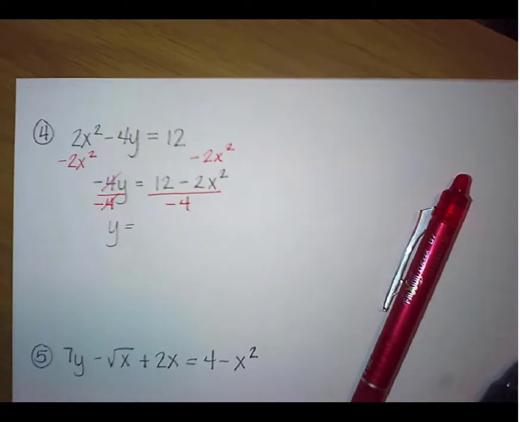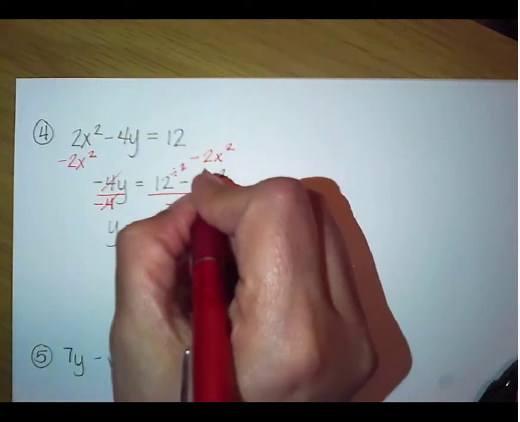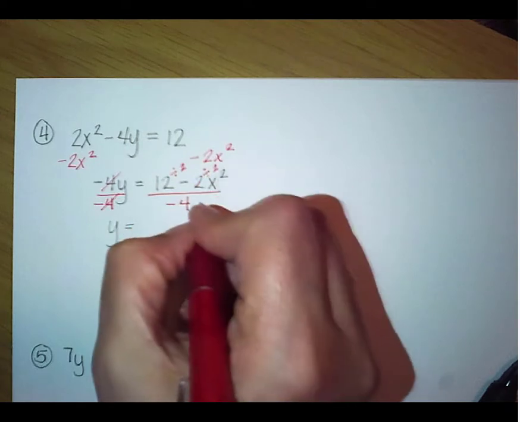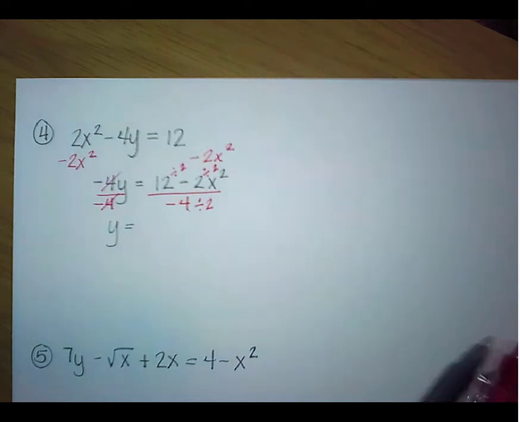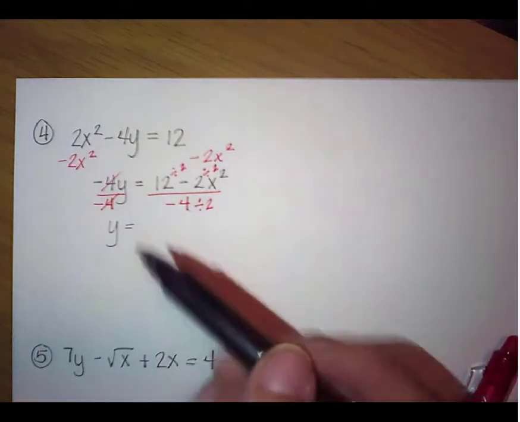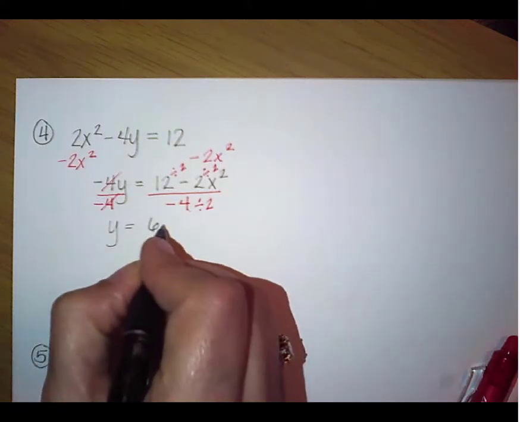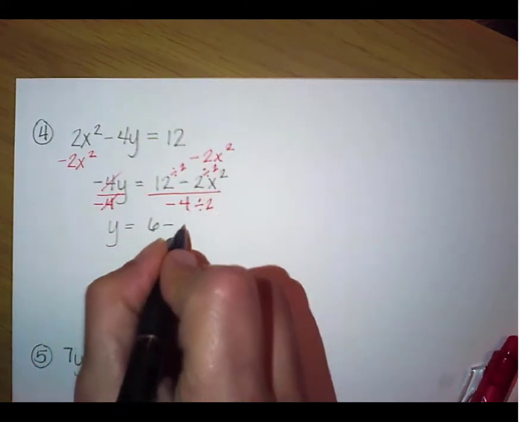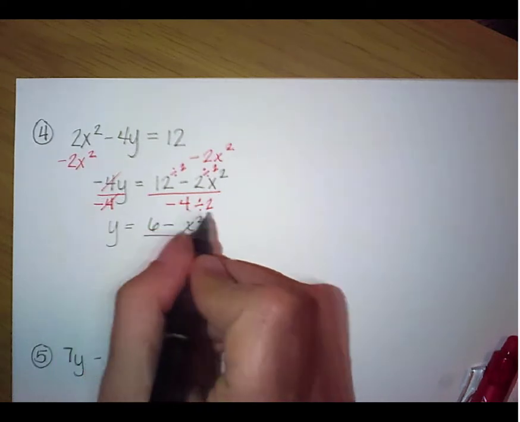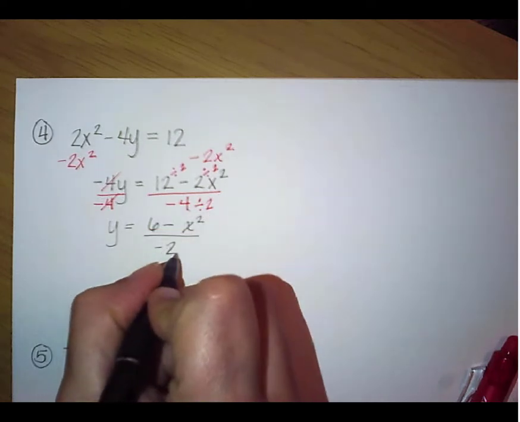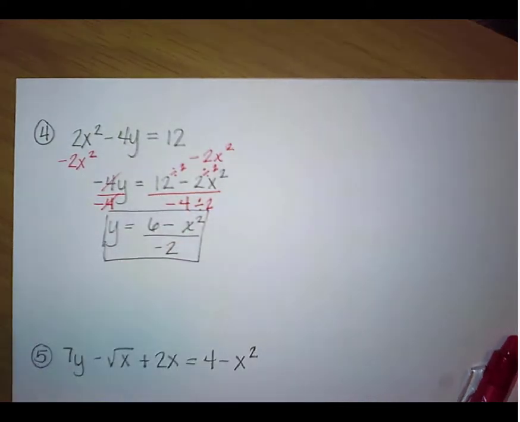So what you're going to do is divide every single one of these by 2, because that is the largest number that all three of those can be divided by. So 12 divided by 2 is going to give us 6, minus 2x squared divided by 2 is just going to be x squared. And then negative 4 divided by 2 will be negative 2. This is our answer in its most reduced format.